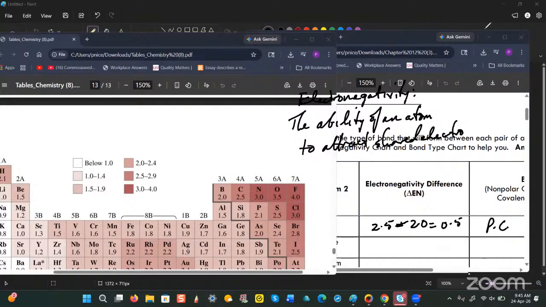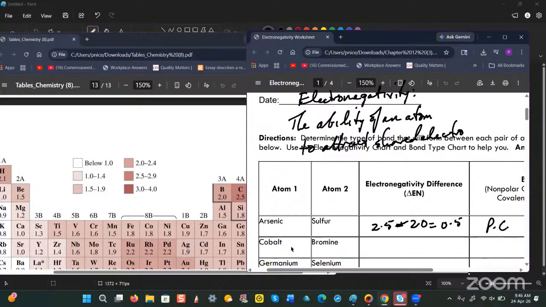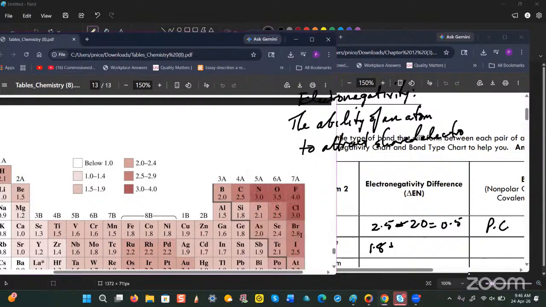For the next one, it's cobalt and bromine, right? So we have to go to the electronegativity table, and we see 1.8 for cobalt. So let me write this down here. 1.8 for cobalt minus bromine. What's the value for bromine? For bromine, the value is 2.8, right?